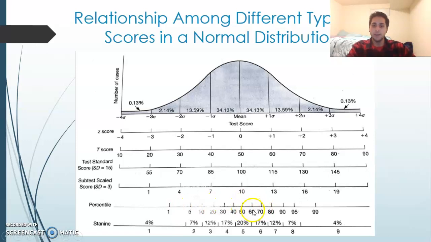We see 60, so 62% would be right about here. So that means if we go all the way up to the mean, that they are slightly above the average score, and that they would fall within this area of at level to slightly above level.